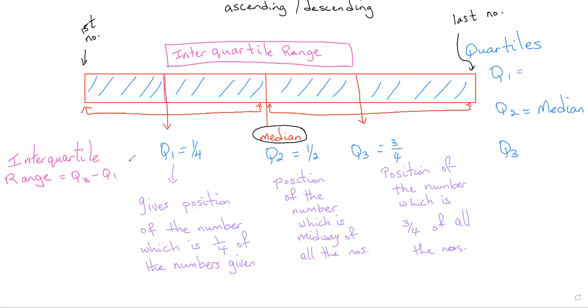So my interquartile range is found by saying Q3 minus Q1. On a test paper, you might see it referred to as IQR, but that means interquartile range. So you find Q3, take away your Q1, and that difference is the interquartile range.